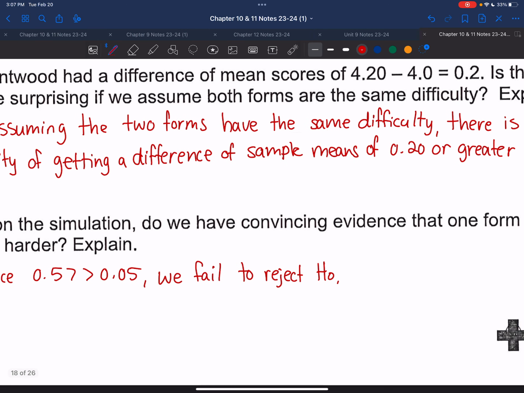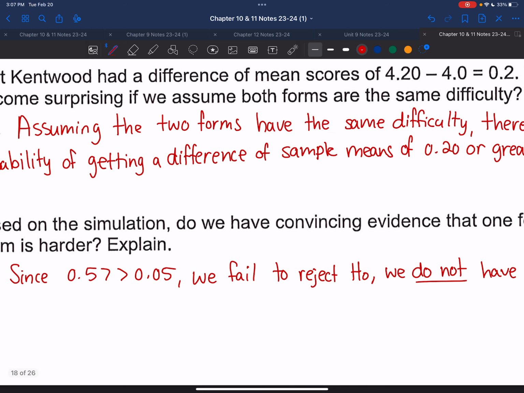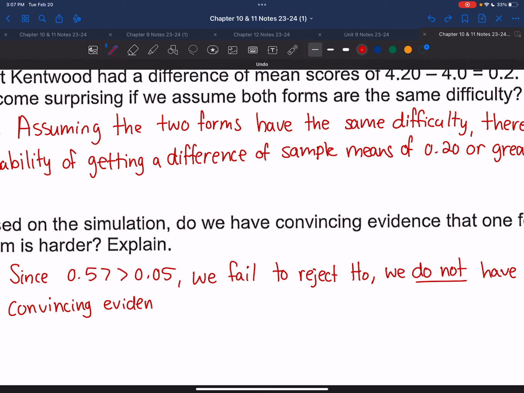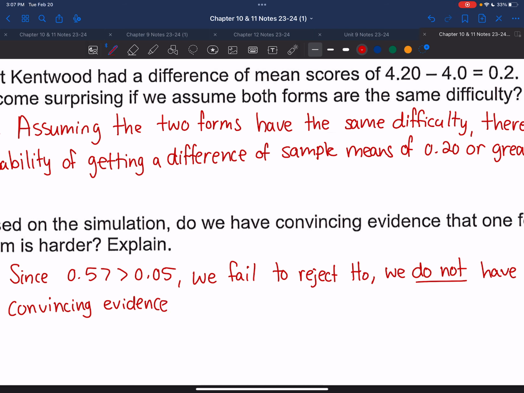And then we can say we do not have convincing evidence that one form of the exam is harder.